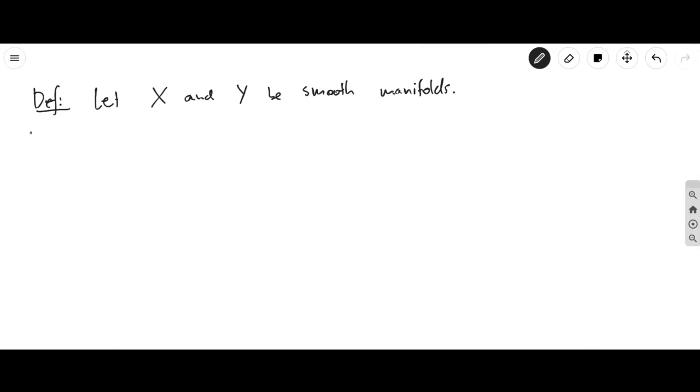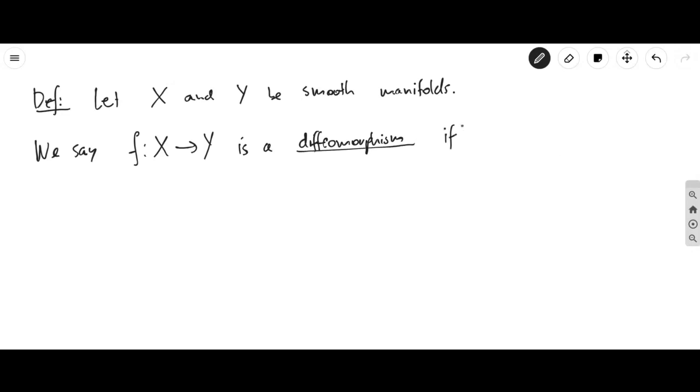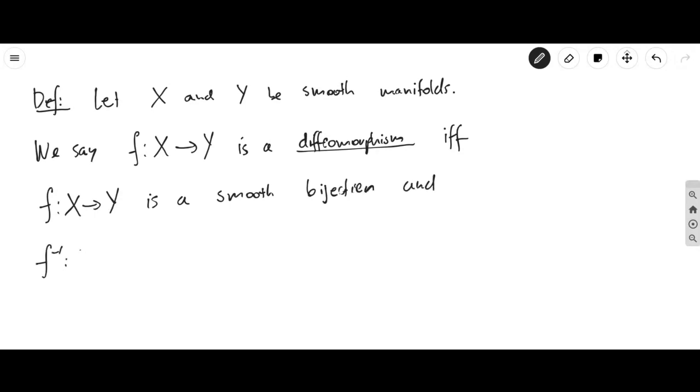We say that a function f from X to Y is a diffeomorphism if and only if f from X to Y is a smooth bijection and its inverse is a smooth bijection.